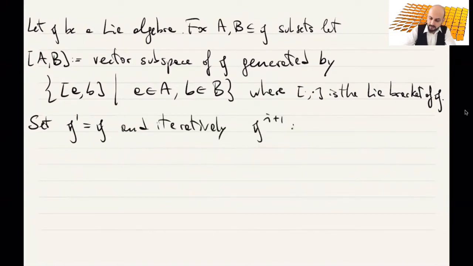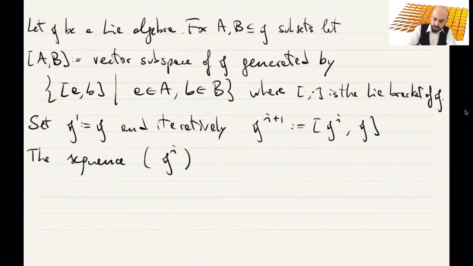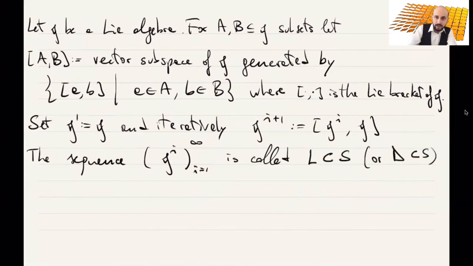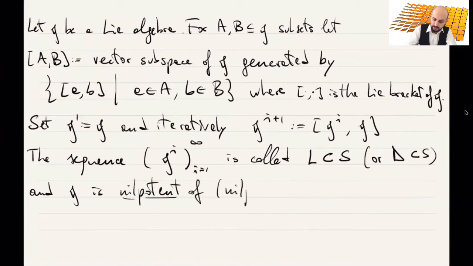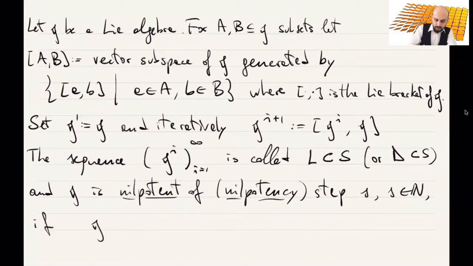G_{i+1} is [G_i, G], and then the sequence G_i, i from 1 to infinity, is called the lower central series or descending central series, and G is said to be nilpotent of nilpotency step S, with S an integer, if G_{S+1} is equal to the trivial subalgebra, namely just 0.